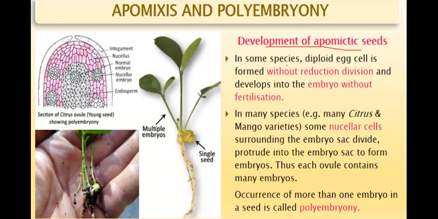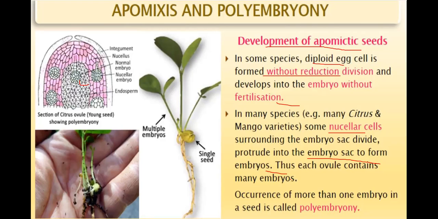Development of apomictic seed. In some species, the diploid egg cell is formed without reduction division and develops into an embryo without fertilization. In many species like some citrus and mango varieties, some nucellar cells surrounding the embryo sac divide, protrude into the embryo sac, and form embryos.